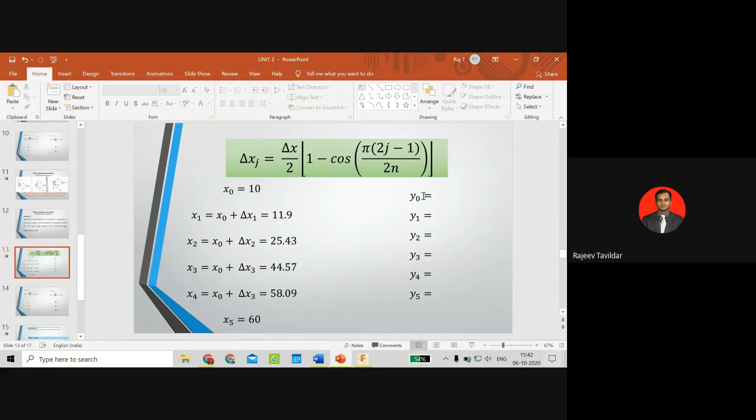So accordingly, you can tell me the y values. Y is nothing but log of x to the base 10. Just writing the values. Let me know if these are correct.